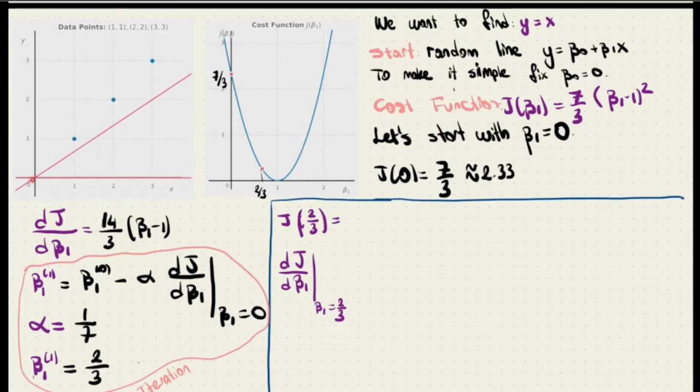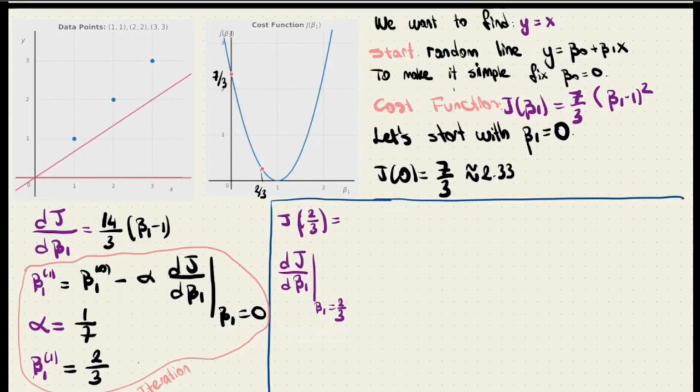Let's summarize what we have done so far. We started with the line y equals 0, and our first beta 1 was 0. Then we calculated the cost function, mean squared error. It is the mean of the square of the errors, and it is 7 by 3. We see it here on the plot. To reach the minimum, we want our point to go down.